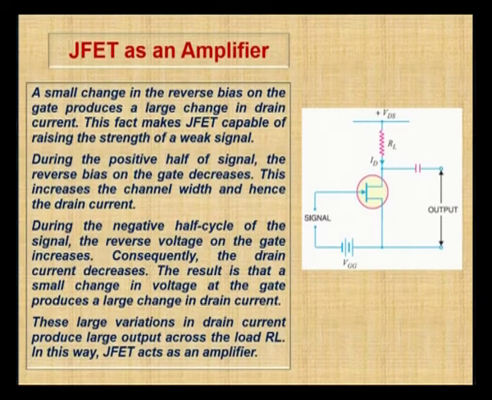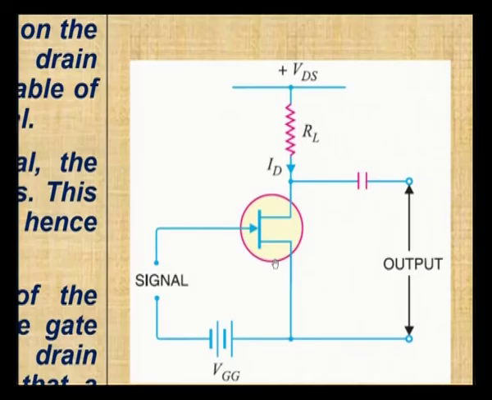Next, how does the JFET work as an amplifier? Let us see how it works. From the picture we can observe that this looks like a common emitter BJT, and it works similarly. During the positive cycle, the reverse voltage is less, so the current in the JFET will increase, because the channel is wider and the depletion layer is decreased.